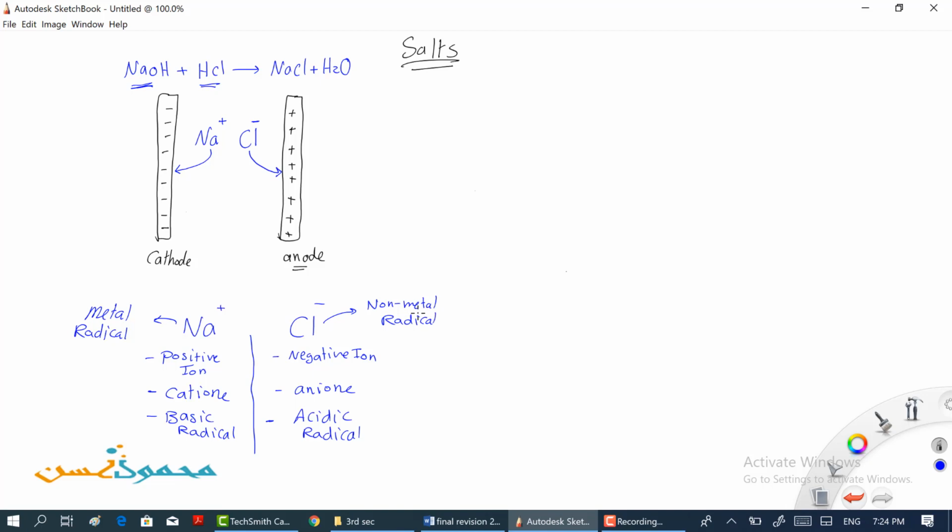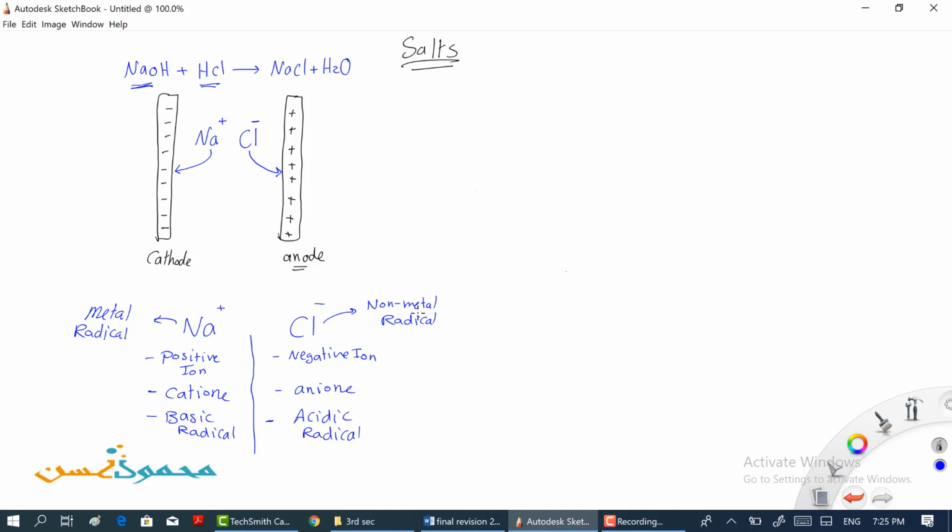So if we need to define the salts, we can say that it is a substance formed from attaching the cation and the anion, the positive ion with the negative ion, the basic radical with the acidic radical.